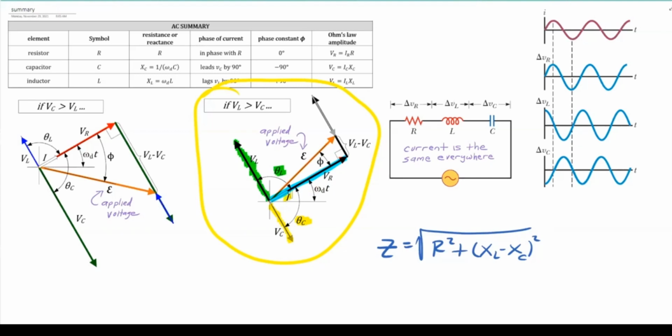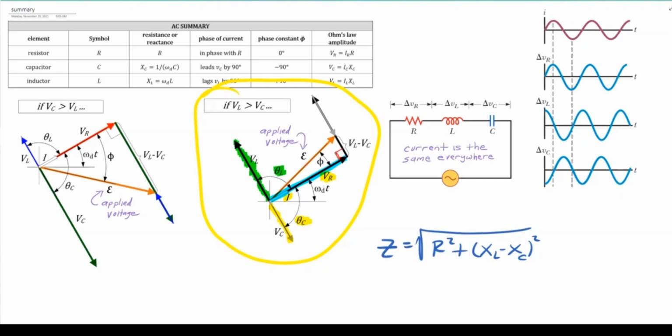This I value and this R value are always aligned because the voltage across the resistor is always synchronized with the current going through it. So this is where the Pythagorean theorem comes from. I have a right angle triangle. Here's 90 degrees right here.